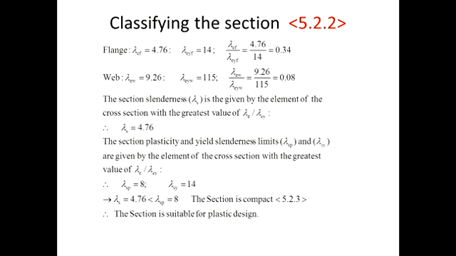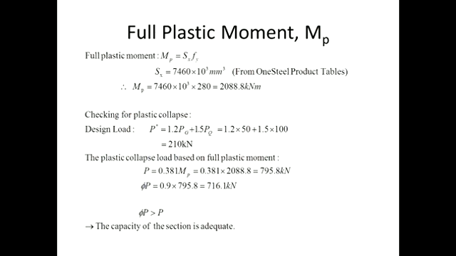Based on this, we know that the flange is the one which determines the value of lambda s. So then the full plastic moment, MP, would be MSX multiplied by Fy. So that's our full plastic moment, which is this value.